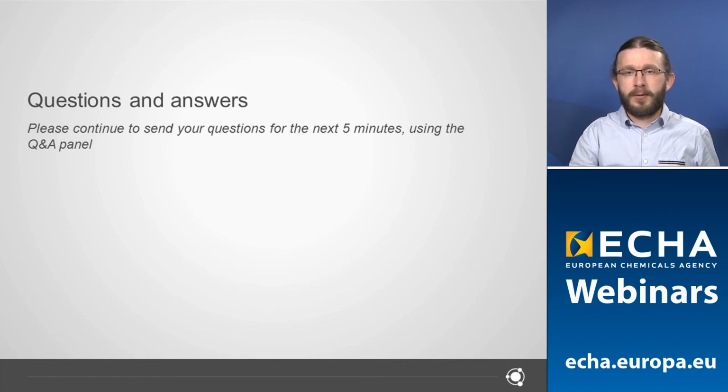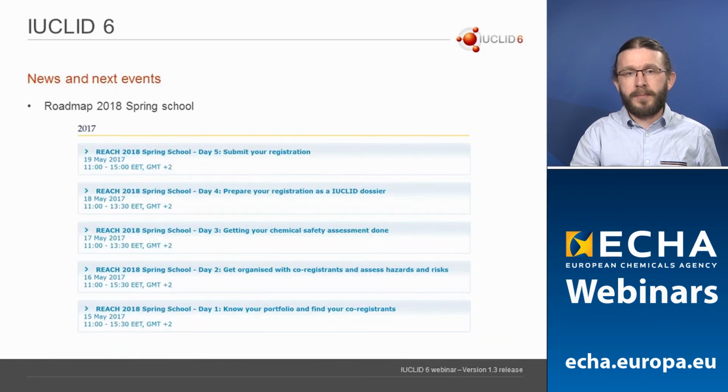But before closing this event, I would like to do some promotion for future events that we are organizing in ECHA. There will be a Roadmap 2018 Spring School, and it's a rerun of all the webinars that were organized for the different steps of successful registration. And there is on day 4 a webinar on how to prepare your registration using Euclid and Rich IT.